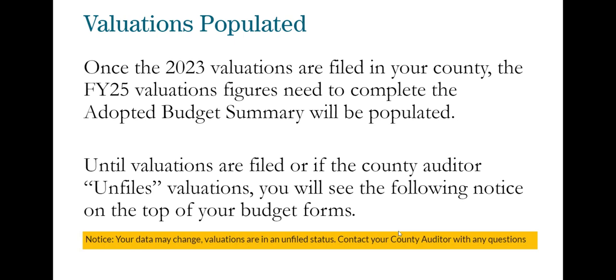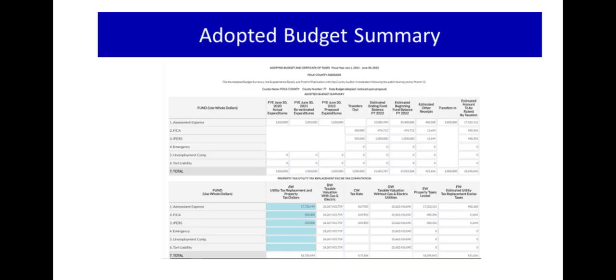If you went into your budget forms today, you'd see this yellow notice, except for a couple counties. This basically just tells you that your valuations are in an unfiled status. So either they haven't been done yet, or if there are numbers in there, they may be changing. So just be aware that the valuation numbers, if they're in there, may not be final.